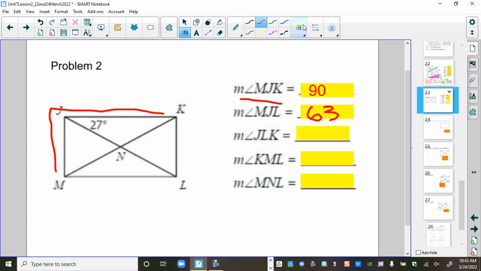Very good. Yeah, because M to J and the L, that's 63. JLK, yeah. I'll give you that one. That one's also going to be, you know what that's called, alternate interior angles.